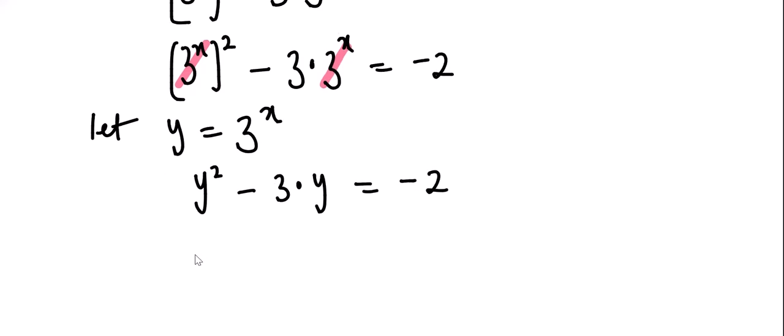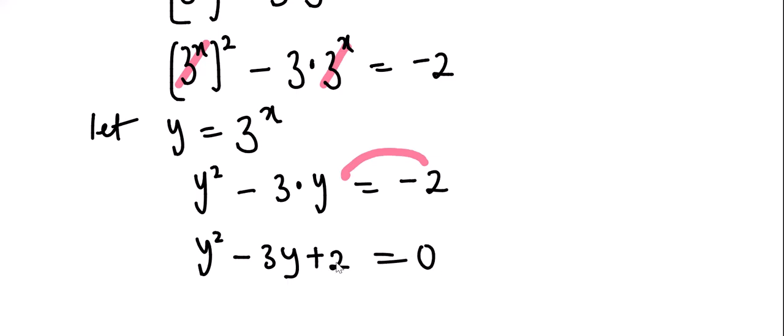Rewriting this given equation, we're going to have y squared minus 3y, moving this negative 2 to the side, plus 2 equals 0.